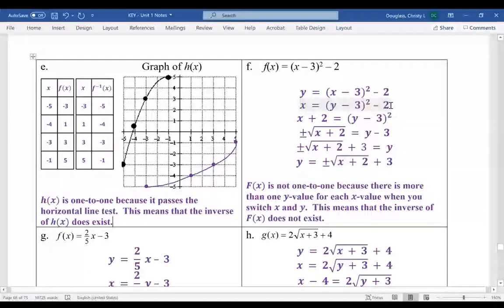Now I'm going to solve for y. I added 2 to both sides. I took the square root of both sides. I added 3. So my function, y equals plus or minus the square root of x plus 2, plus 3.